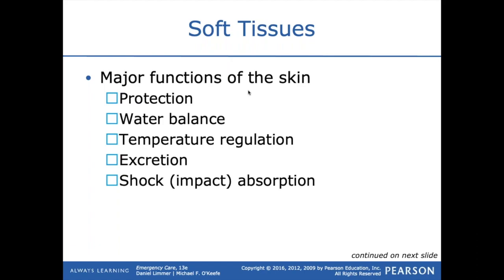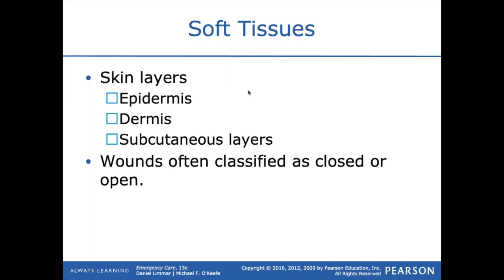But it also does cool things like goosebumps. If you get cold, you develop goosebumps, which increases the surface area of your skin to pick up heat from the environment around you. And then shock absorption, impact. It allows protection for the organs underneath.